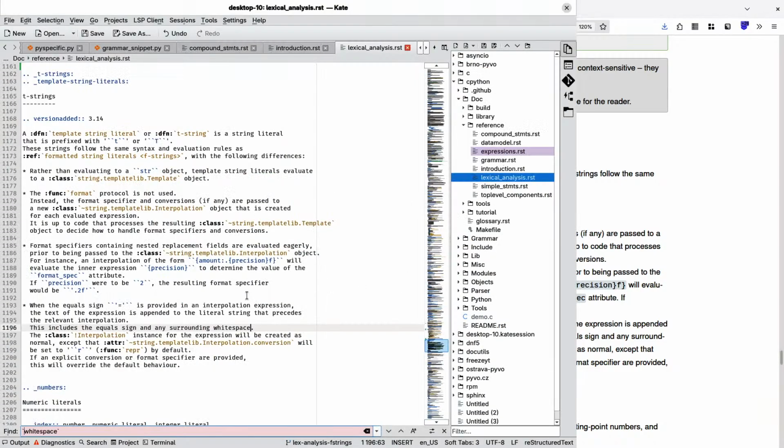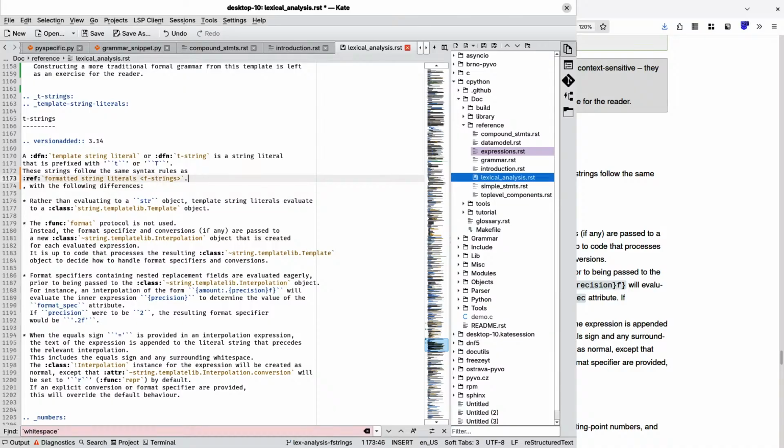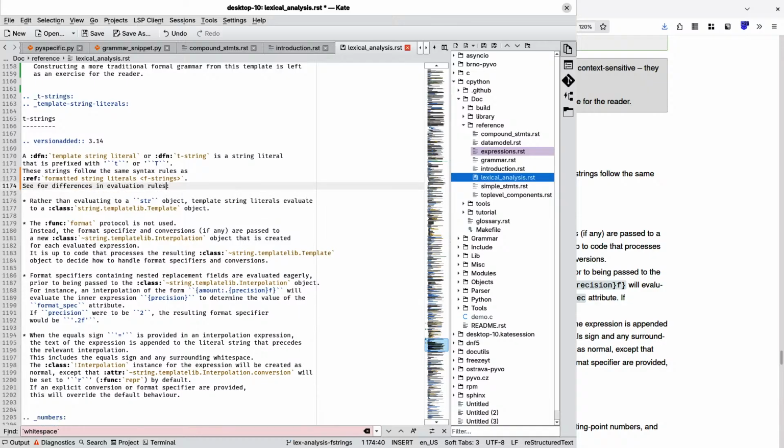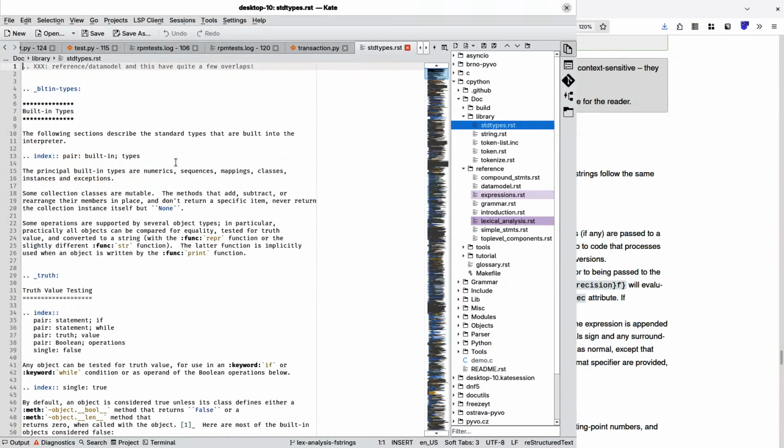Okay, so they follow the same syntax rules as formatted string literals. Something for difference in evaluation rules, and that something should be in standard types.